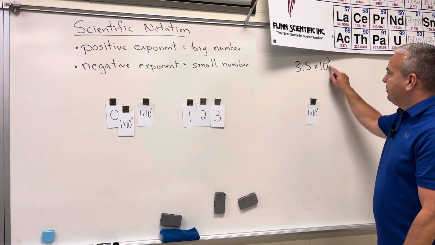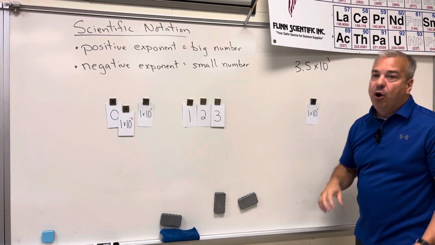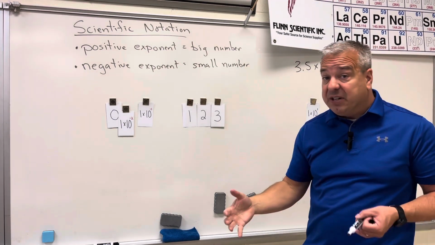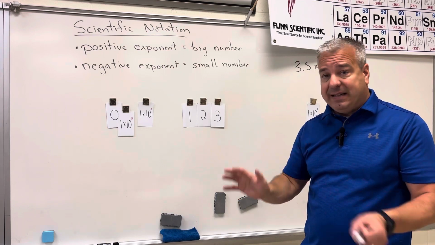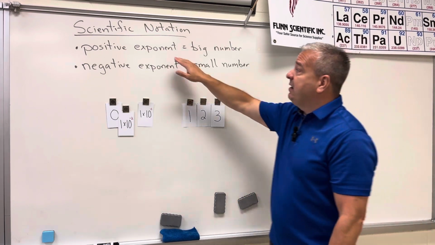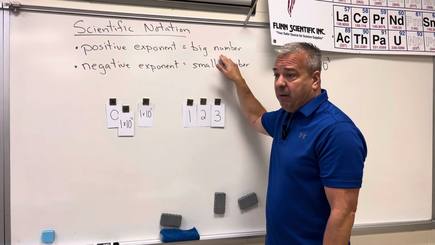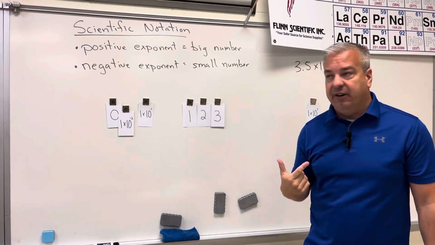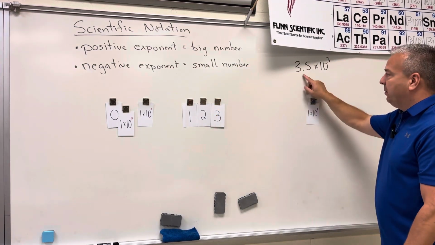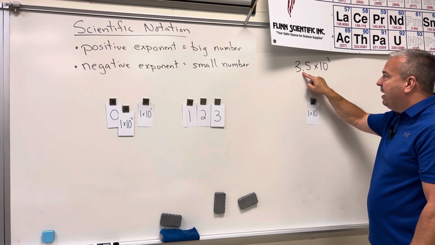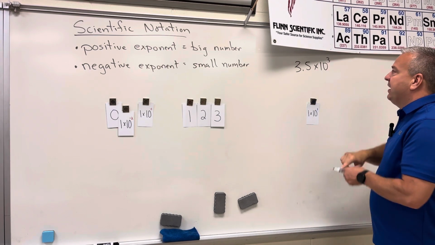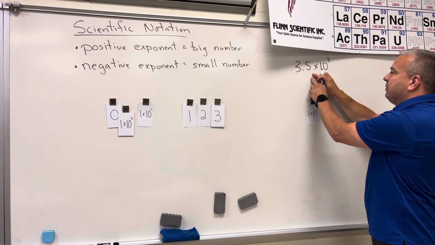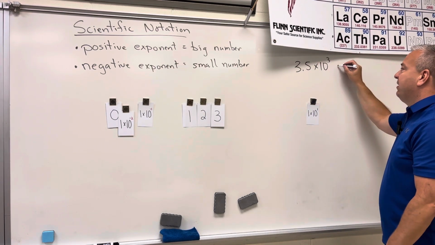Some teachers will say, if it's a positive exponent, move the decimal point in this particular direction. I don't want to teach that way. I want you to think of positive exponents as big numbers, and then logically figure out which way to move the decimal point. So if I'm trying to make this a big number because this is a positive exponent, I know I need to move the decimal place over to the right to make it larger.